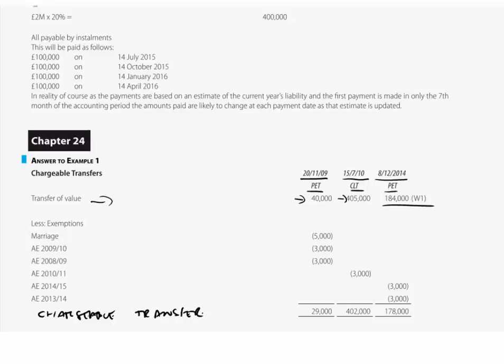It is then those figures, the chargeable transfer figures, that will lead into the respective IHT computations, headed firstly lifetime transfers chargeable when made, and then lifetime transfers chargeable on death.